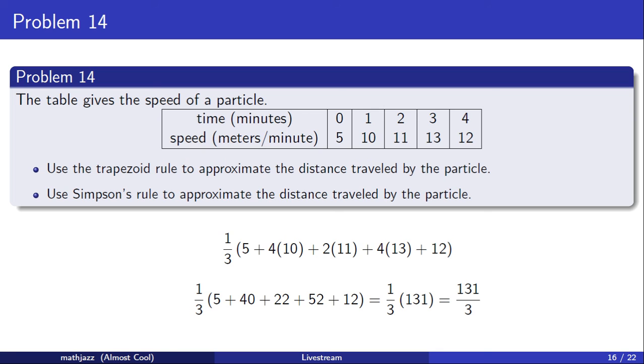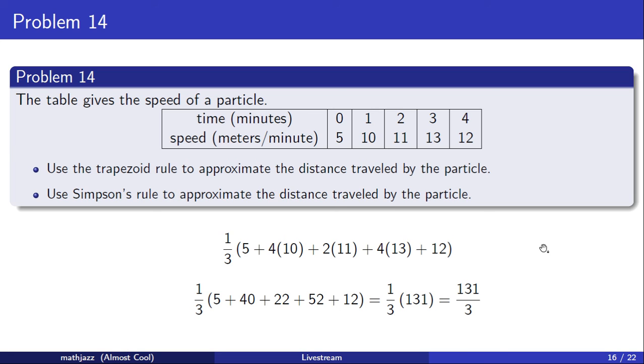Which is pretty close to 42.5. This is probably going to be more accurate because, in general, Simpson's rule is more accurate than the trapezoid rule would be. If you have the same number of rectangles, it's usually more accurate.